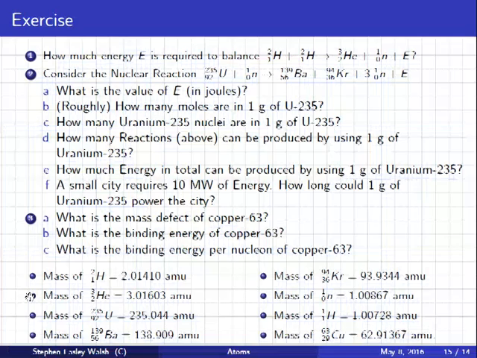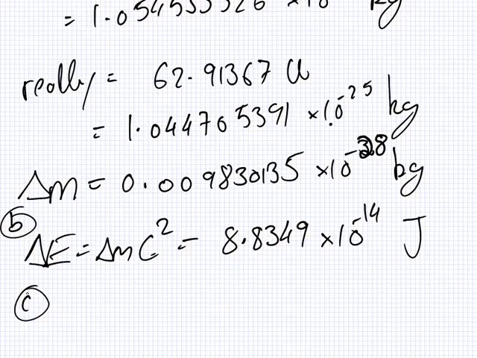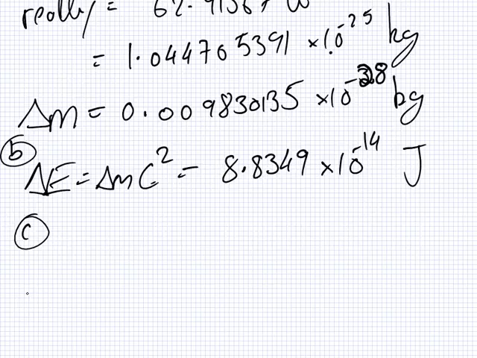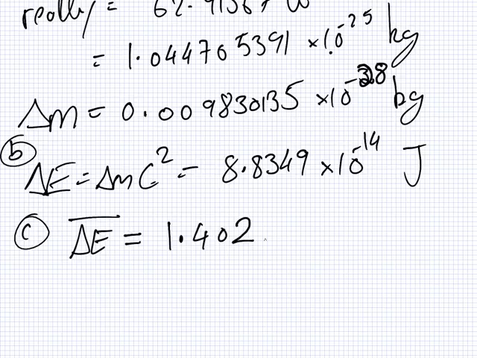And the last part, what is it per nucleon? So then, per nucleon, you have to divide by 63. So when we divide by 63, we get this.